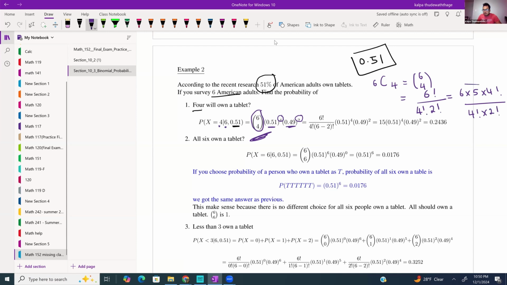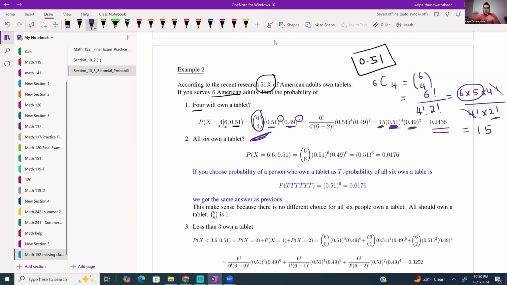So it's 30 over 2, which is 15. That's the 15 here. And if you simplify these, you get around 24%. That means I asked 6 people, and the probability that four of them own a tablet is approximately 0.25.